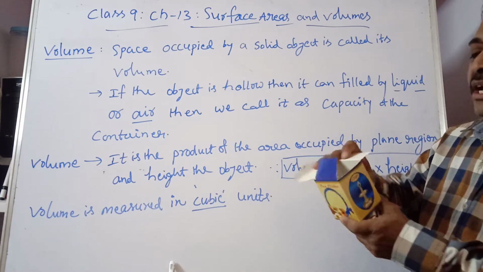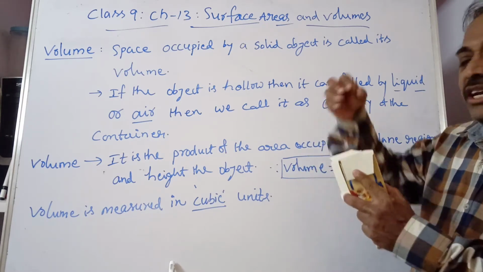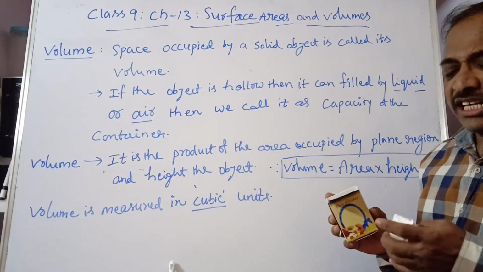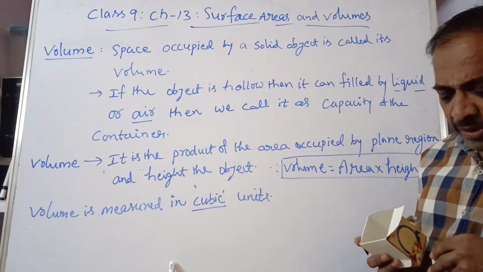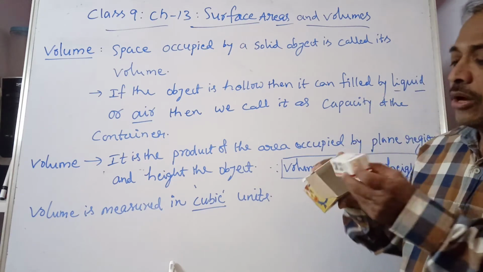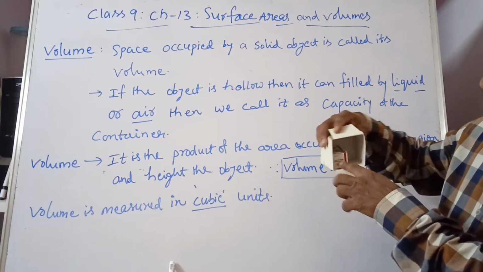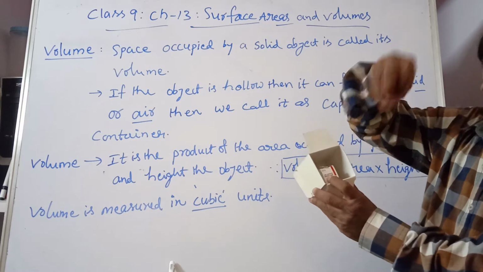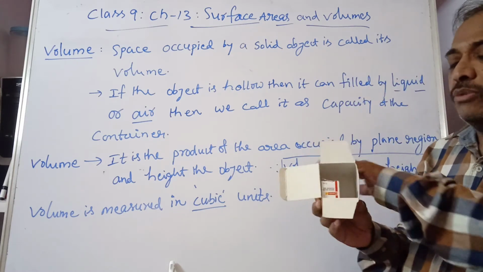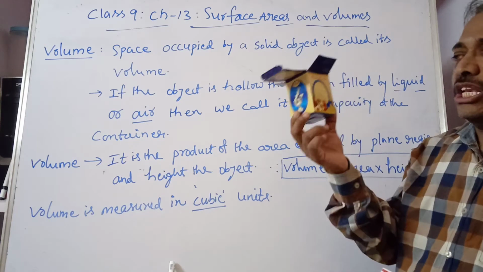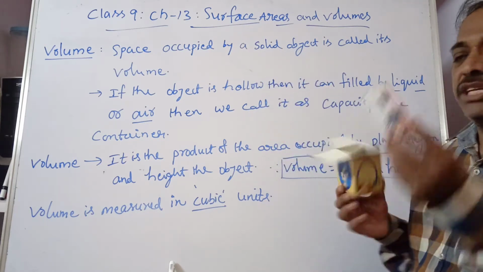You see now, if you open it, you can pour water, fill this, or pour some other items in this, or insert such small boxes in this. This is also a cuboidal shape. Still space is there. How many boxes can be filled in this? It means the volume of the bigger object and the volume of the smaller object.